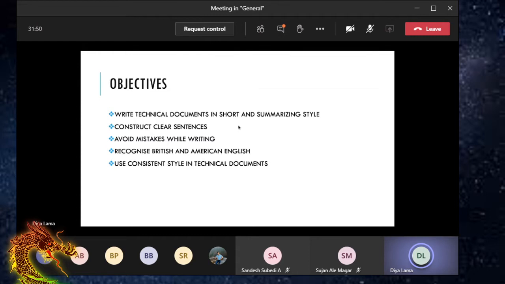So you have to write your sentences according to who your audience is going to be. So if they are little kids, then you can't write very difficult sentences. If you're writing something for children, then it has to be easy sentences which they can understand.